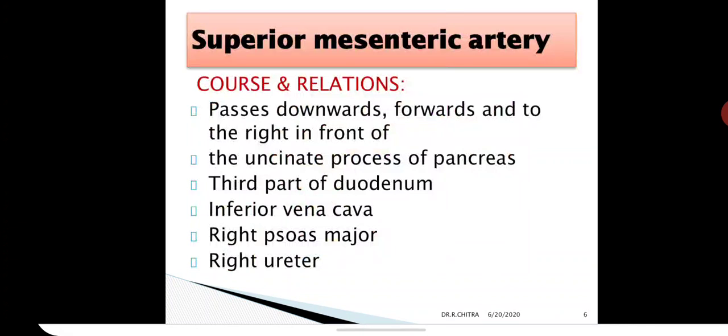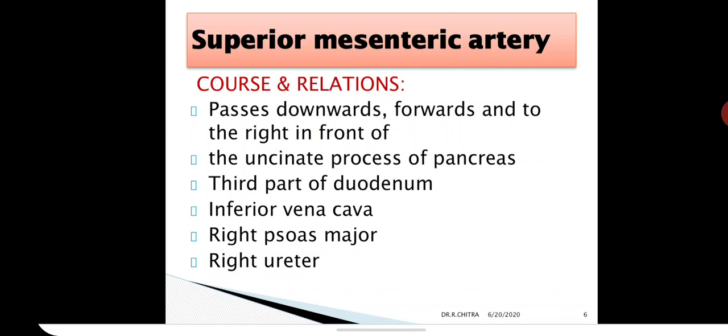Then it passes in front of the third part of the duodenum. So the third part of the duodenum is again an anterior relation, in front of inferior vena cava, right psoas major and right ureter. Then it runs along the root of the mesentery, passing downwards and forwards in front of all these structures.